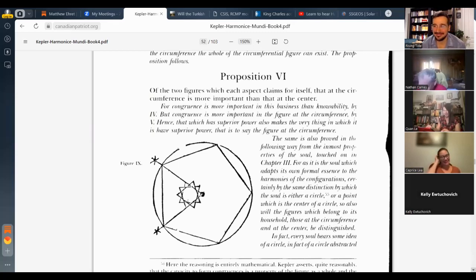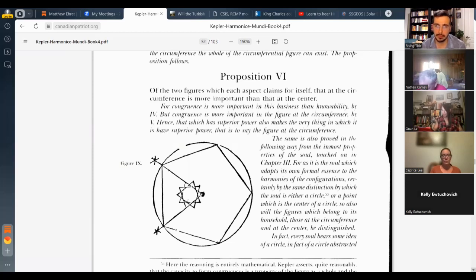So we go to proposition 6. Of the two figures of which each aspect claims for itself that at the circumference is more important than that at the center. For congruence is more important in this business than knowability.